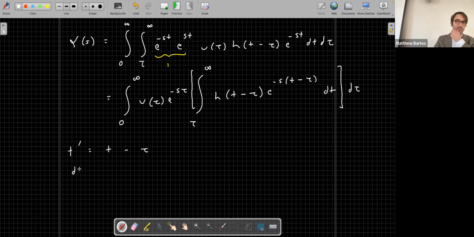We have that dt prime by dt is equal to 1 minus 0, and so dt prime is equal to dt. So we can take this integral here and integrate it over dt prime instead of dt, where t prime is equal to t minus tau.